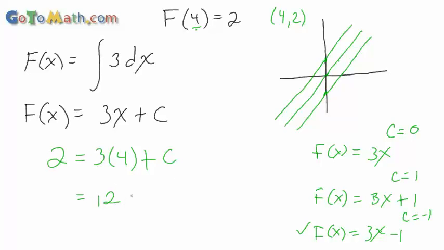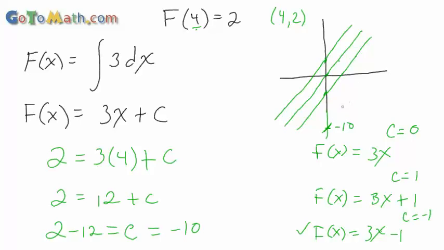So we end up with 12 plus c is equal to 2. So then we have 2 minus 12 is equal to c, which happens to be equal to -10. So c was -10, right? So you'd end up having one, we'll have to continue the y-axis down, one that would be passing through here at negative 10.